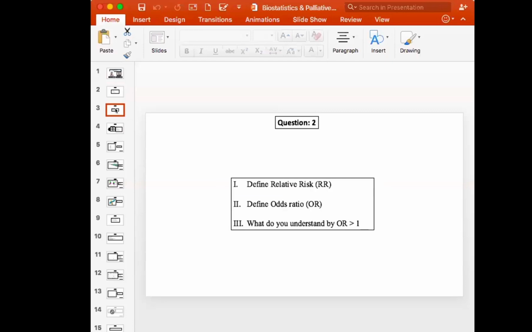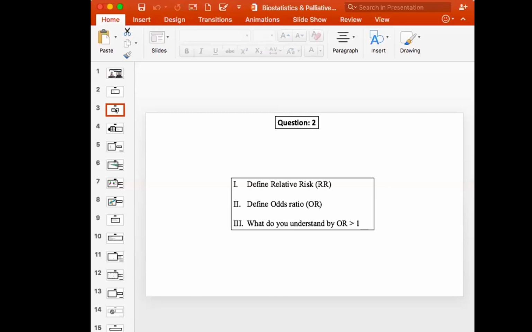Okay. Now coming to the next question, what is relative risk? Relative risk is a ratio of the incidence of a disease among the exposed and the non-exposed group. Okay. And what is odds ratio? Odds ratio is a measure of the strength of the association between the exposure and the outcome. Okay.